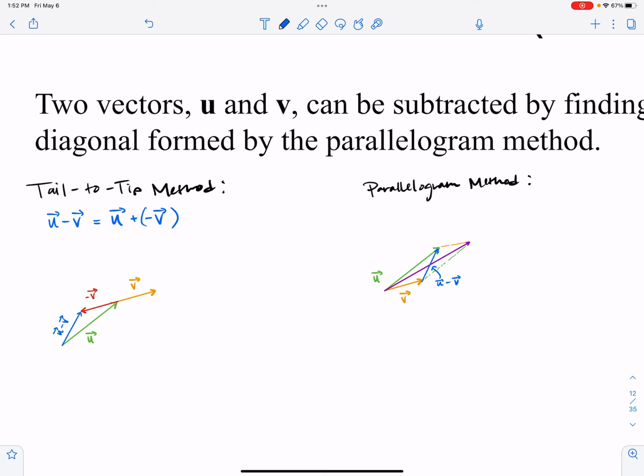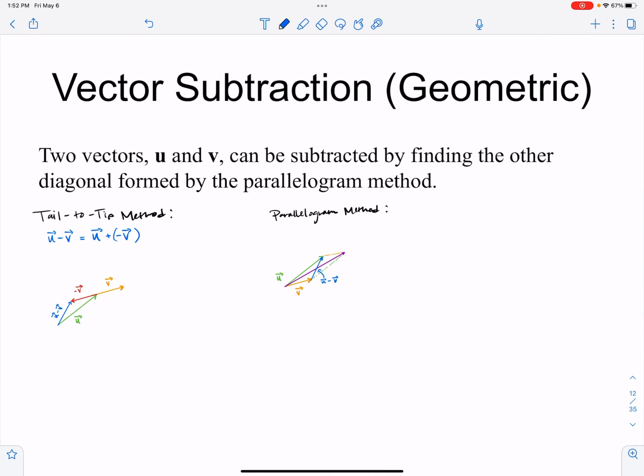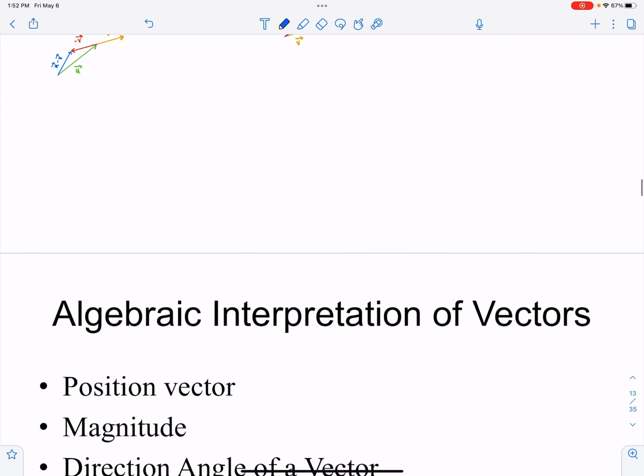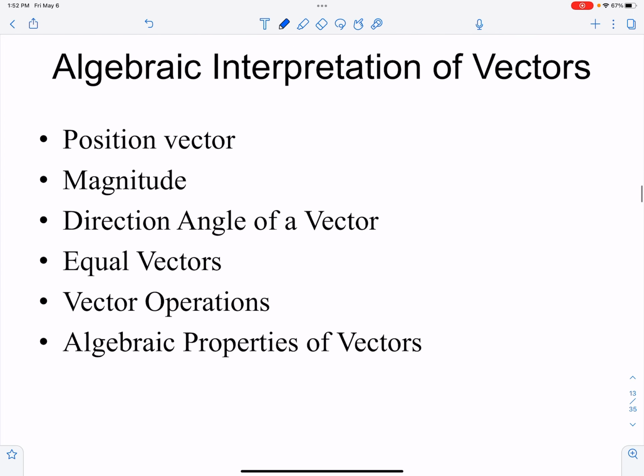Okay, and you can see from the tail to tip method that those end up being the same. Okay, so that's the geometric interpretation of vector addition and subtraction. Now we're going to move on to talking about the algebraic interpretations of vectors.